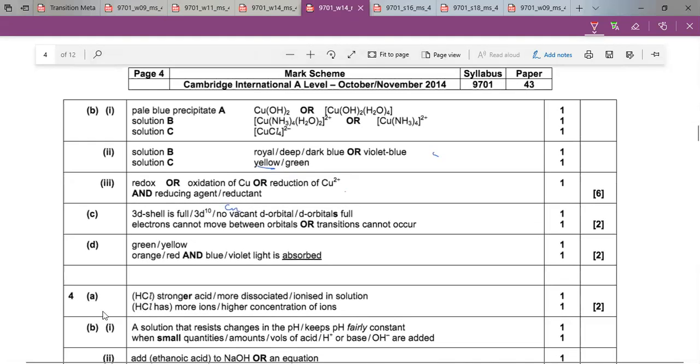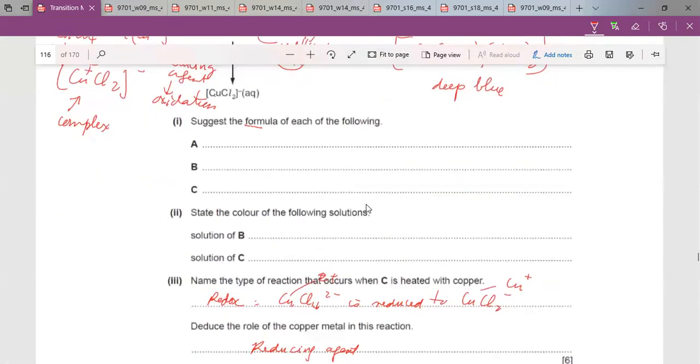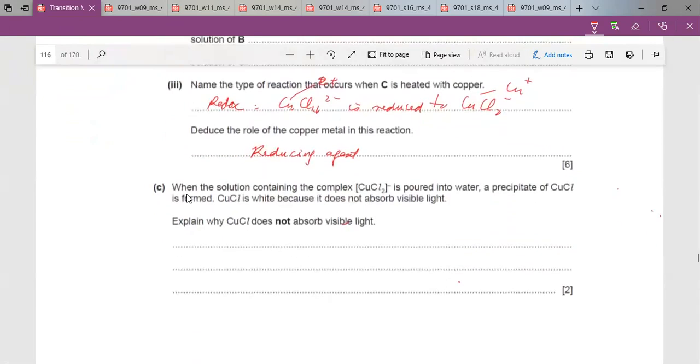Now here, they ask you why. When the solution contains the complex CuCl2 minus, of course, this is copper 1, isn't it? Because CuCl2 minus is 1 minus, so copper is plus.